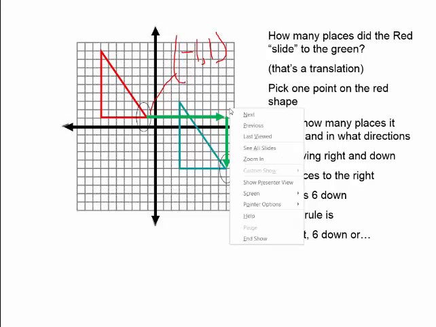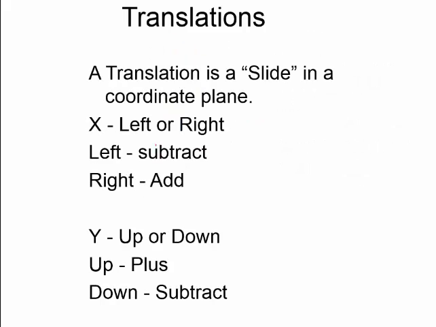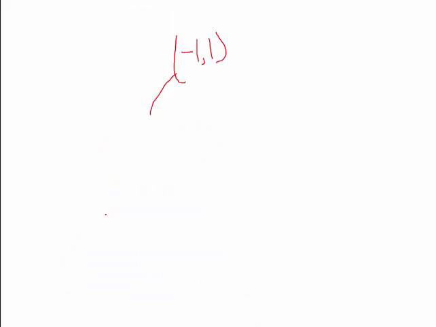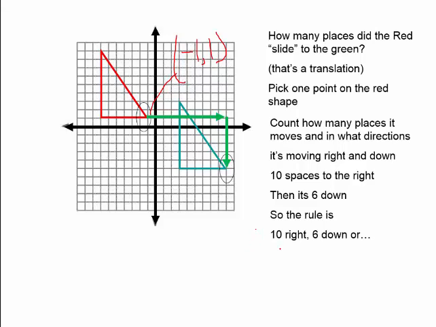However, when we were talking about these, this is another way to write your translation. I write that my translation is x plus 10 because I went right 10, and y minus 6 because I went down 6. Look at this point right here, negative 1, 1.